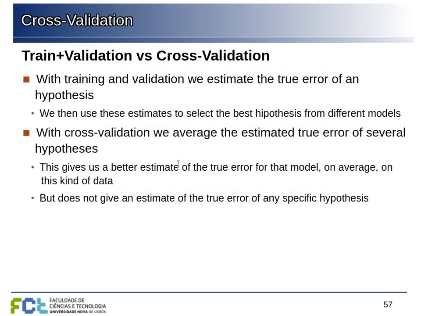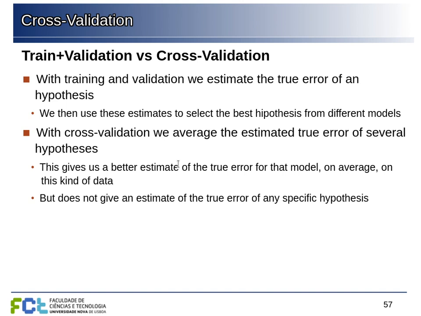So with training and validation, we are estimating the true error of a single hypothesis and then use these point estimates to try to select the best model or something like that. We actually select immediately the best hypothesis. When we are using cross-validation, we are averaging the estimates of the true error for several hypotheses in the same model.